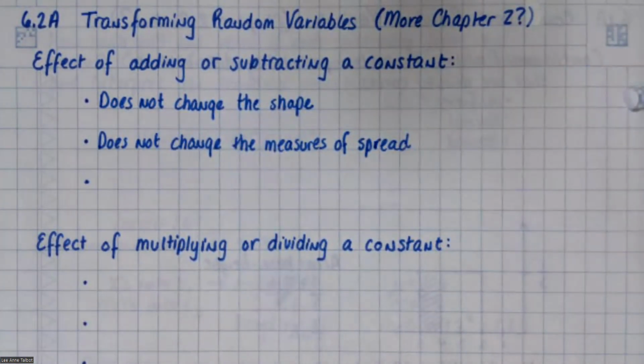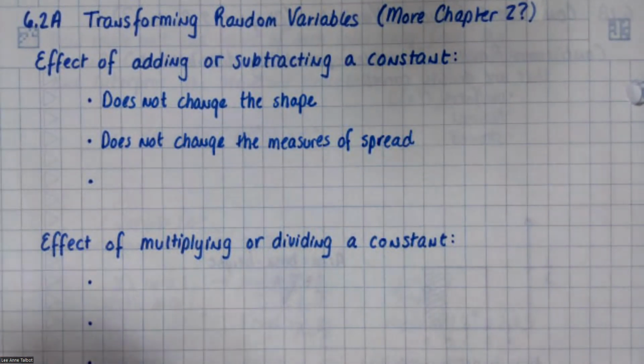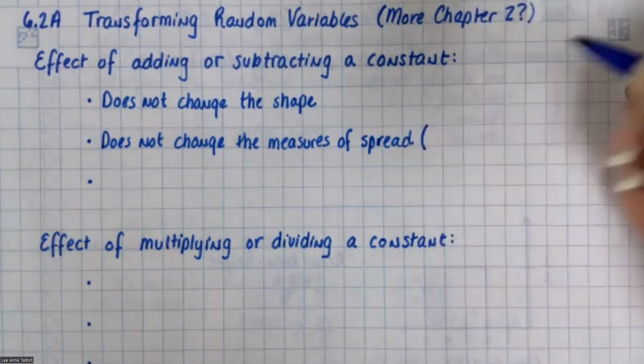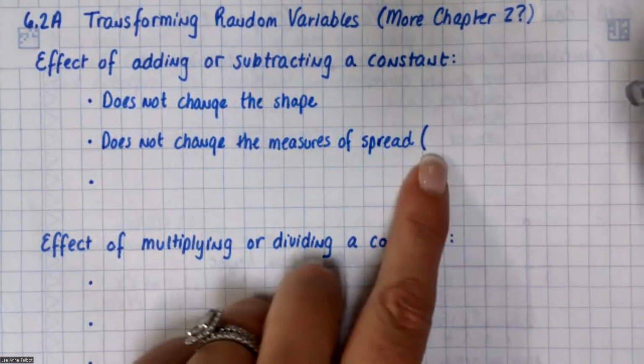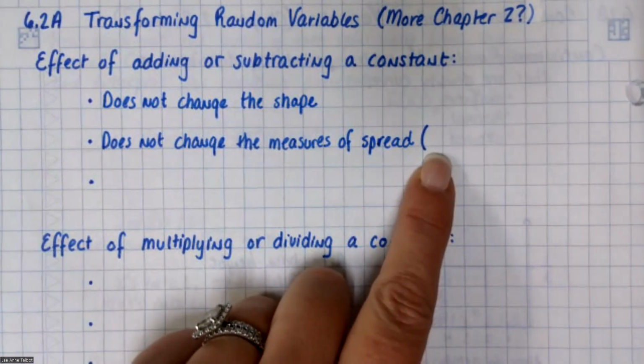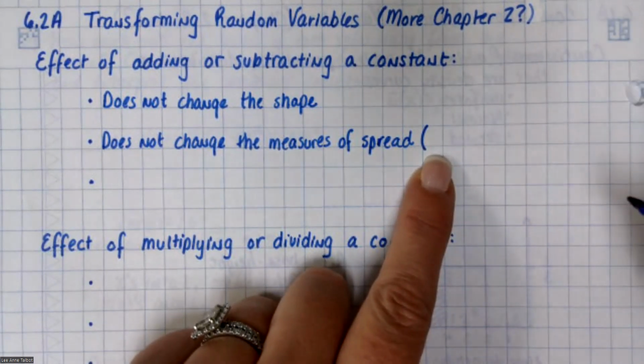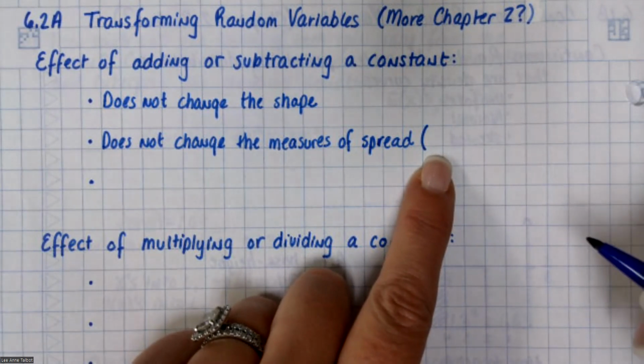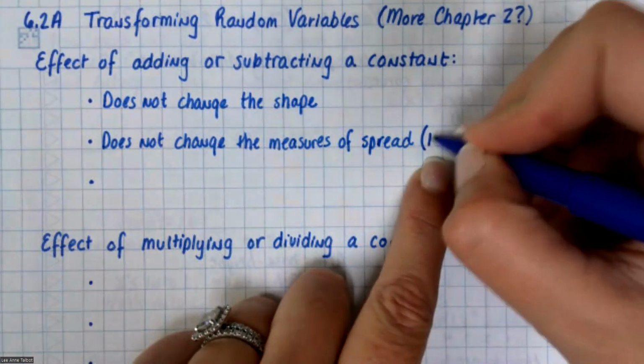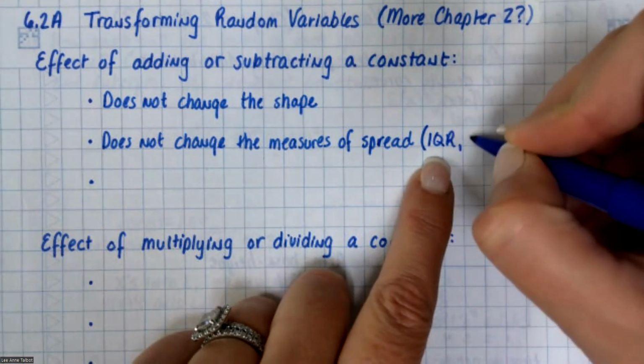Let's brainstorm some measures of spread. What do I mean when I say measures of spread? IQR, excellent. Range, I heard.